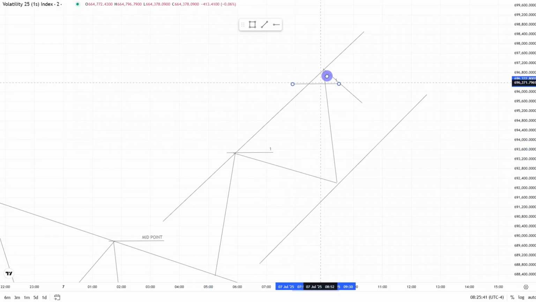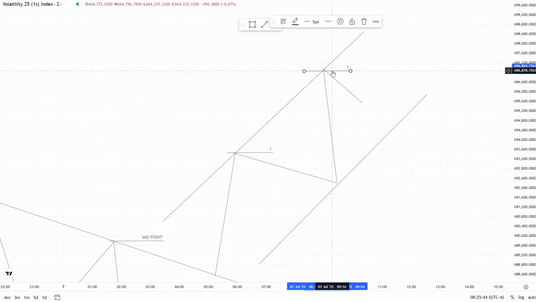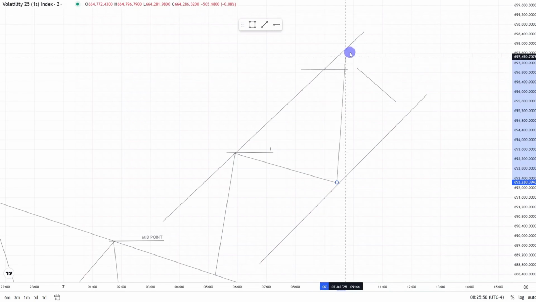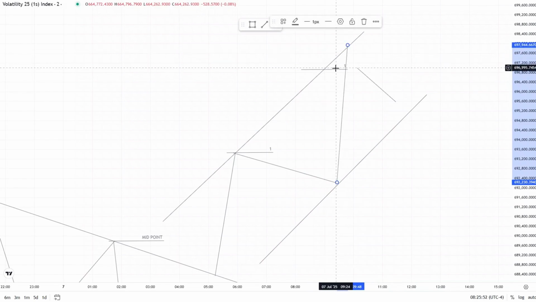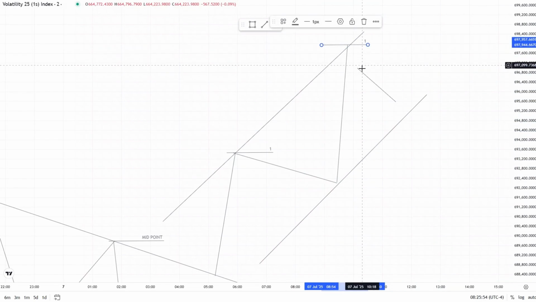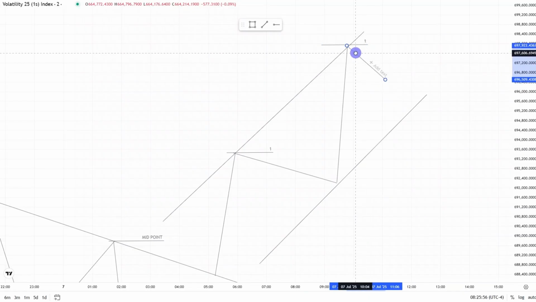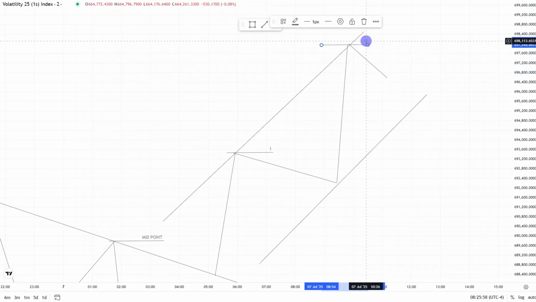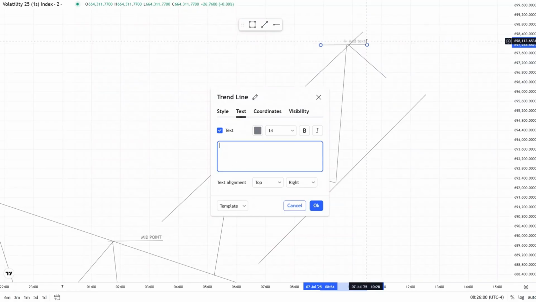So yeah, actually let me fix that. It's not straight. Yeah, it's a little bit better. So yeah, this is gonna be your 2. This is gonna be your 2, right? So I'm gonna change it to 2, second touch.